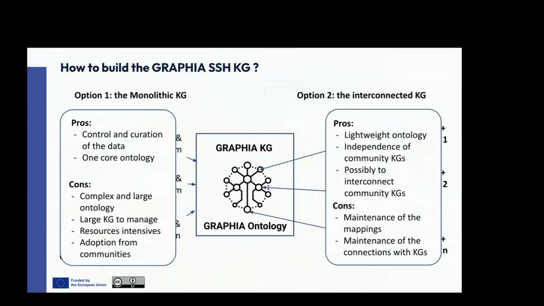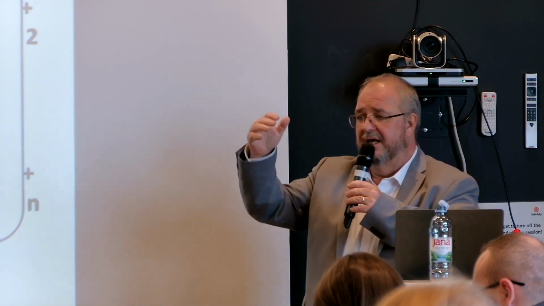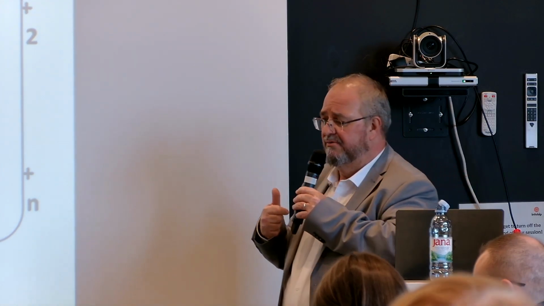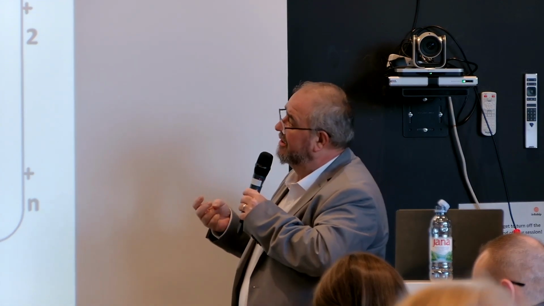It gives independence to the different communities. So you're free to update your graph, or not update your graph. You don't have to rush to update your own ontology. Or if you have the resources to develop your ontology further, you can, because the changes you need to make in the lightweight ontology are minor. So you can quickly update the global ontology to connect to the things, which gives some leeway and freedom to the communities.